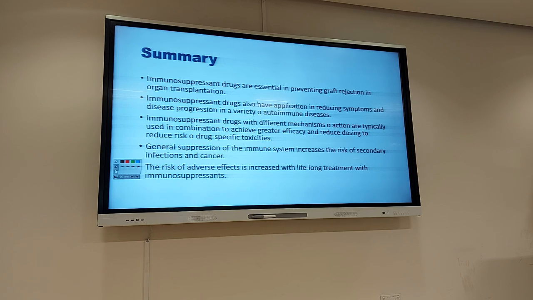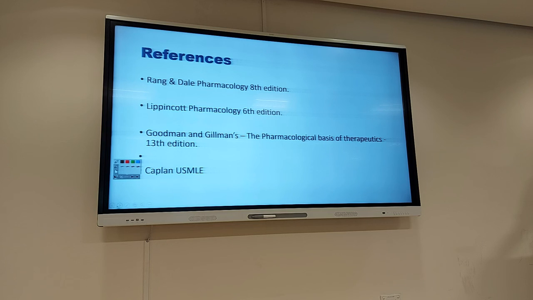But efficacy and the dose that we use is usually tailored to the patient and the patient's history. The general suppression of the immune system increases secondary causes like infections and cancer. The risk of adverse effects is increased with lifelong treatment with immunosuppressants.